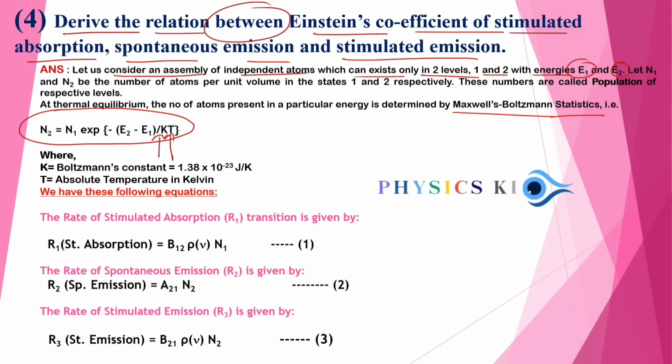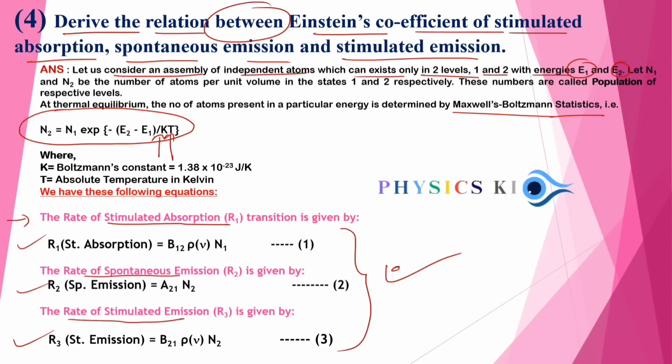Now we already know the rate of stimulated absorption is this one, the rate of spontaneous emission is this one, and the rate of stimulated emission is this one. So you have to directly write down these. No need to explain this. Just write down this and then try to derive the Einstein coefficients.